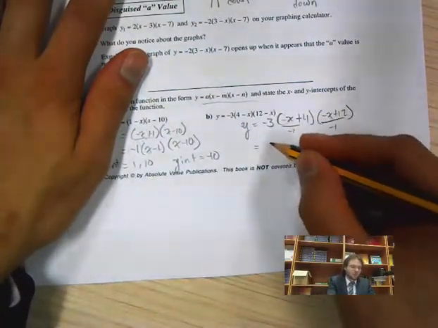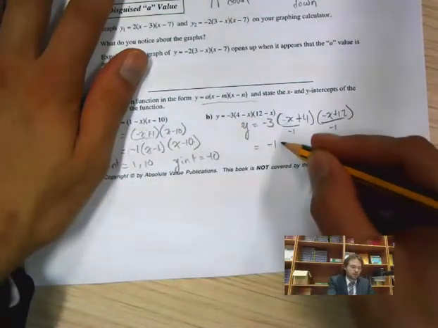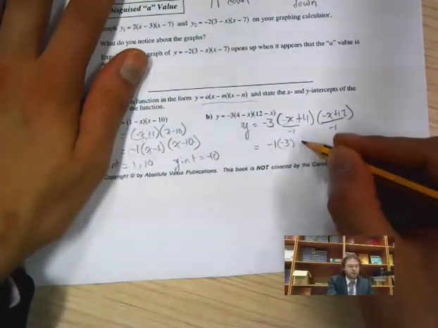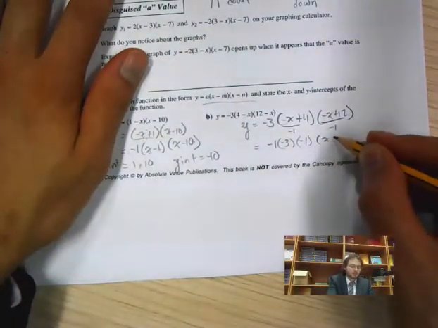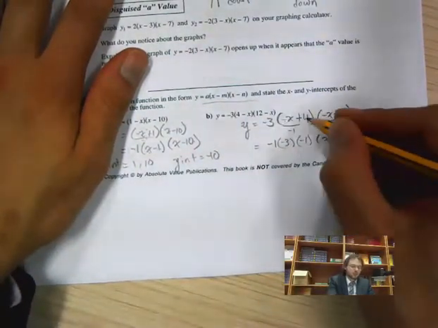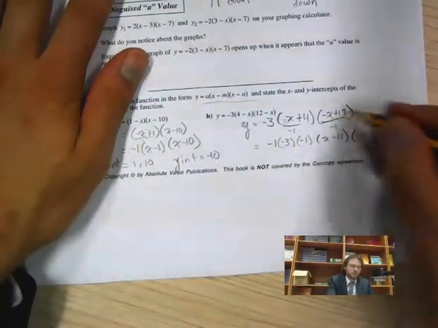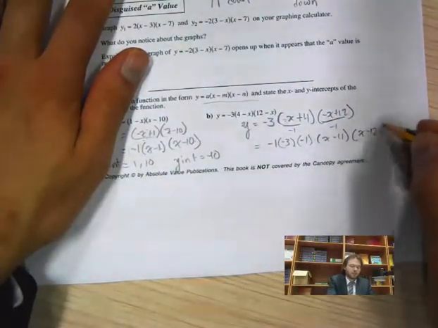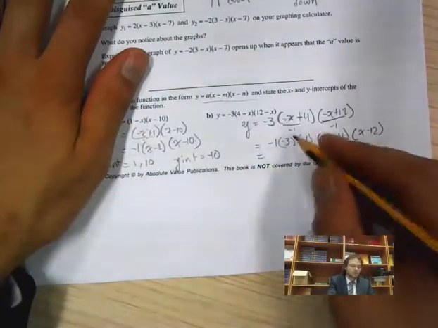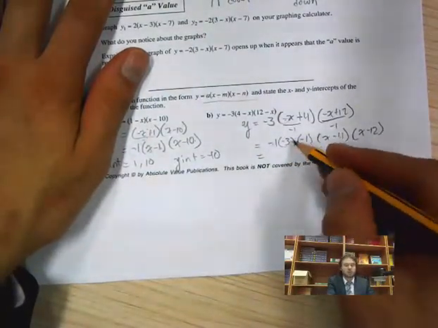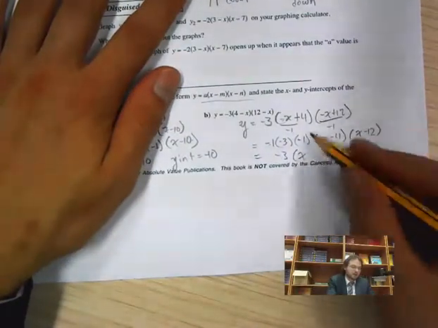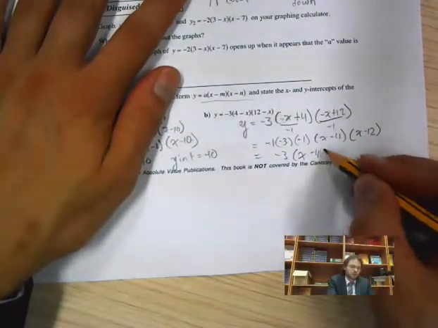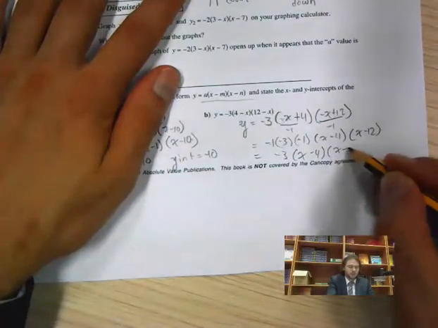So I end up taking out a negative 1 from both: negative 1 times negative 3 times (x minus 4), because both of these are divided by negative 1, and (x minus 12). This gives me negative 1 times 3 is positive 3 times negative 1 is negative 3, and I get x minus 4, x minus 12.